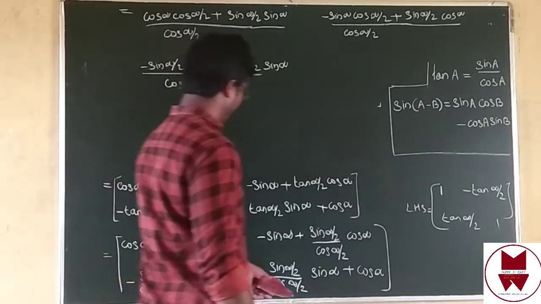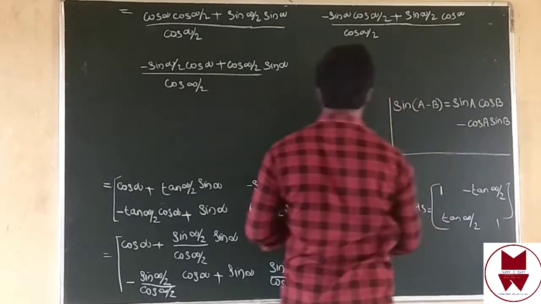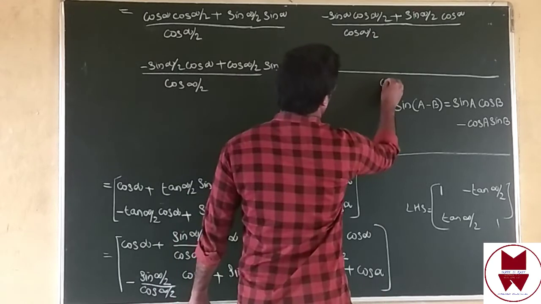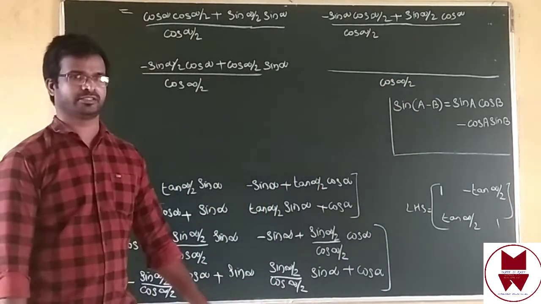Then second part in here, what is that? LCM is cos alpha by 2. In here LCM is cos alpha by 2.